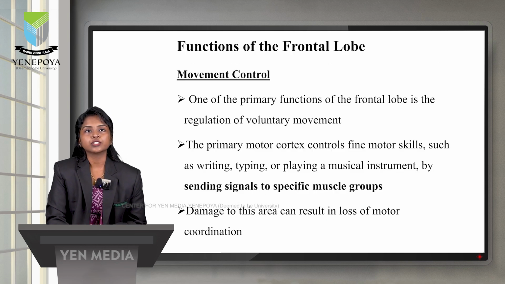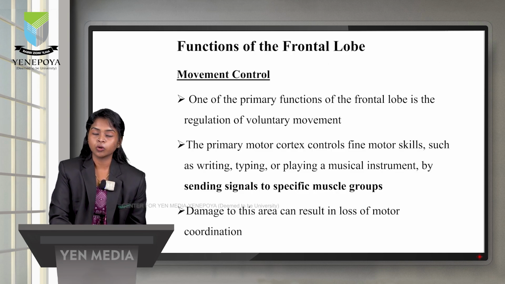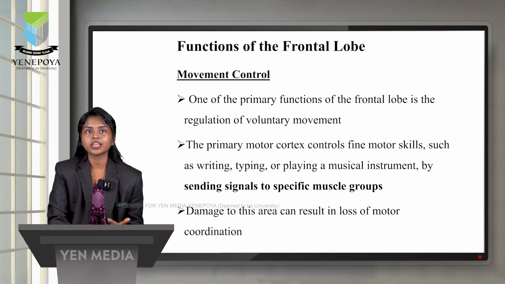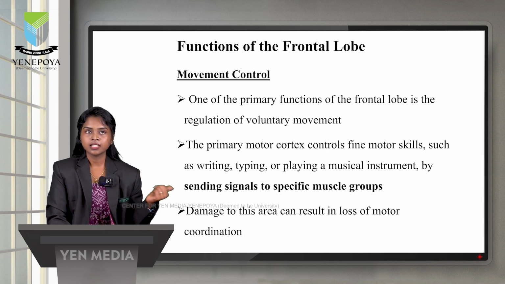So, we come to the functions of the frontal lobe. There are many functions in the frontal lobe. We will discuss them one by one. The first and foremost is movement control. One of the primary functions of the frontal lobe is regulation of voluntary movement, as we discussed earlier in the slides.